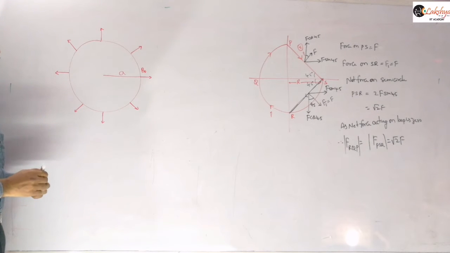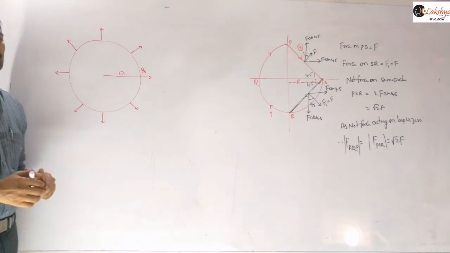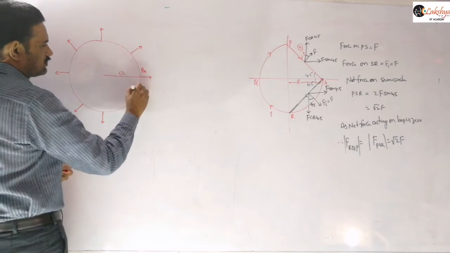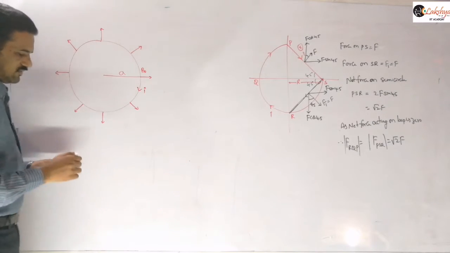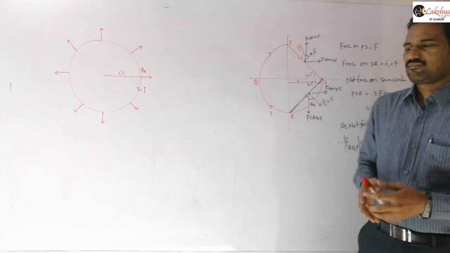If I is a current flowing through the loop, find the expression for force acting on the circular ring.